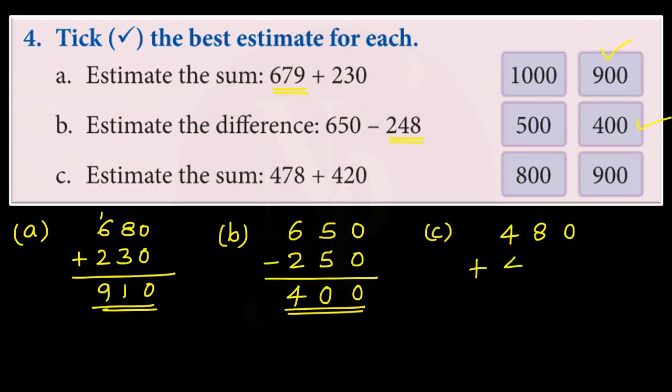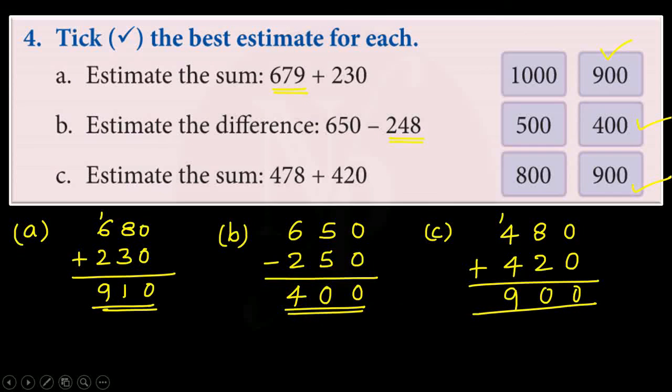Plus I will retain 420 without modification. On adding these two numbers, what I get is 8 plus 2 is 10 and 4 plus 4 is 8, 8 plus 1 is 9, 900, and tick the appropriate box, 900. So like this you can estimate the sum and differences.